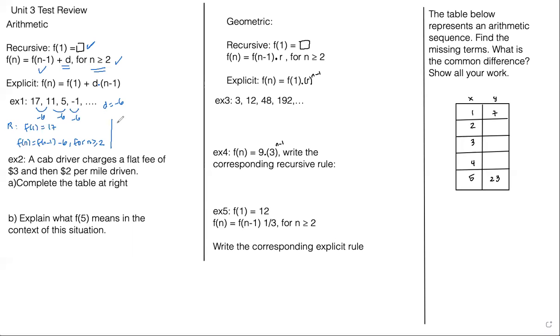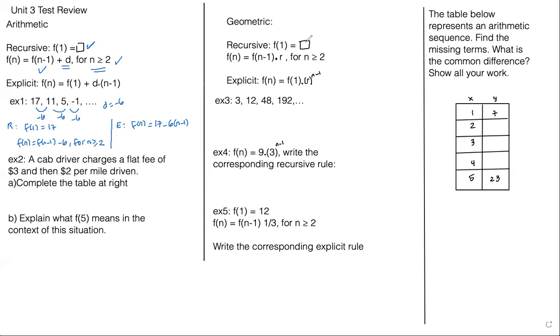For explicit, I would say f of n equals f of 1, the value of f of 1. Don't just write f of 1, write the value of f of 1, which in this case is 17. And then plus the common difference, negative 6, so you're going to say negative 6 times n minus 1. All right, and this is how recursive and explicit formulas for arithmetic work.